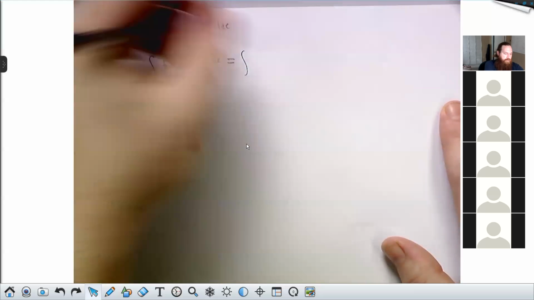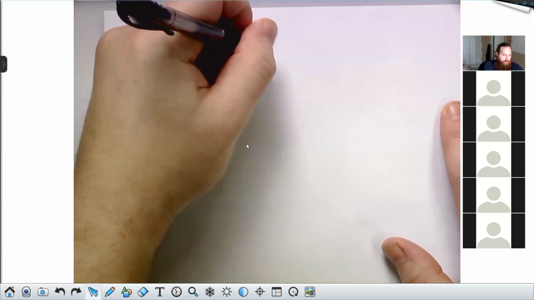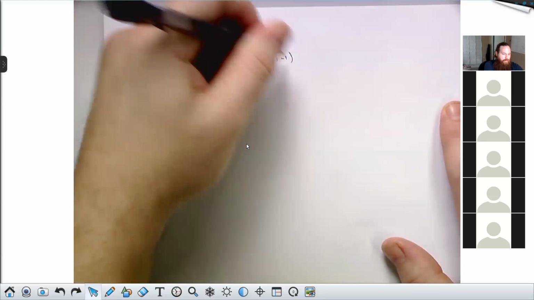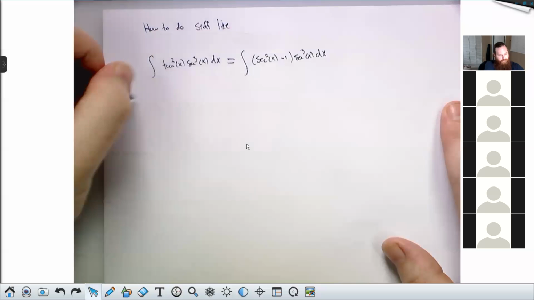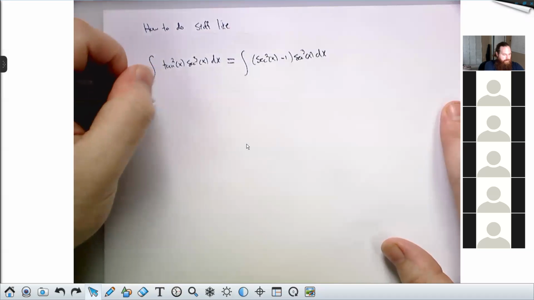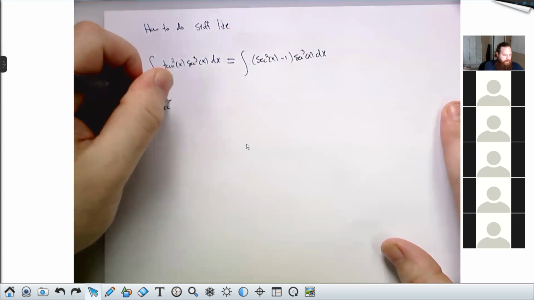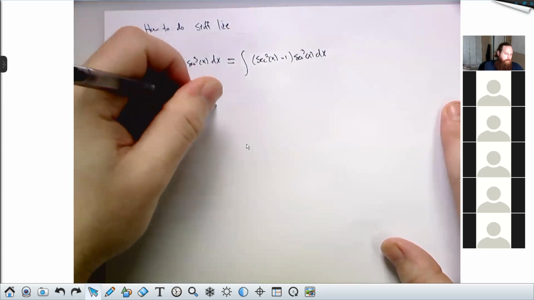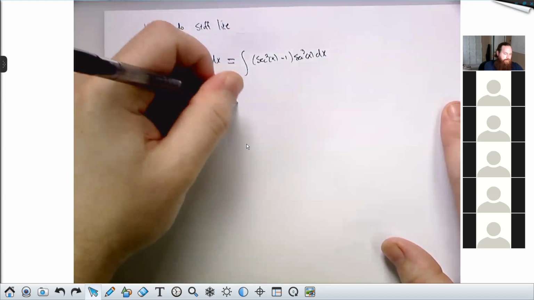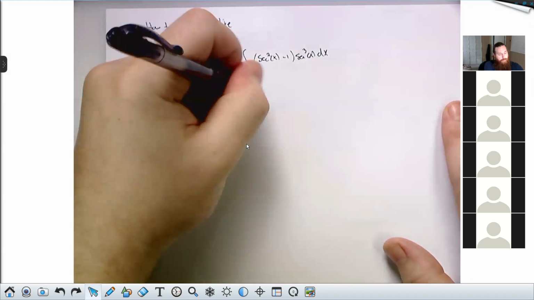Tan squared, remember, is secant squared minus 1. So this could be rewritten as the integral of secant to the 5th minus secant cubed. And then you would split that.